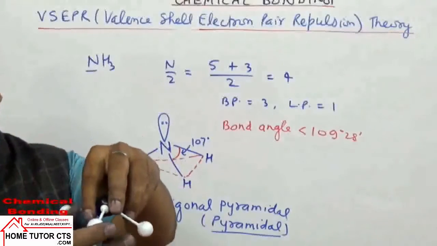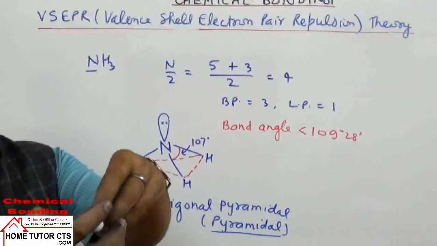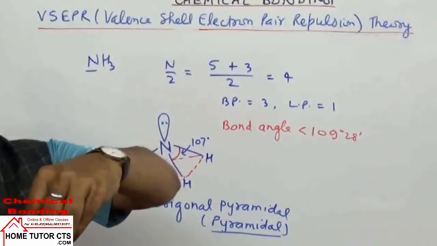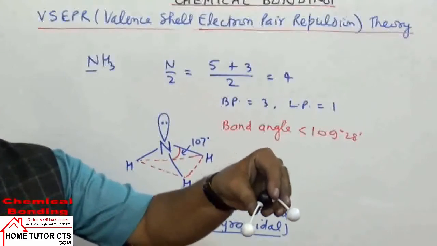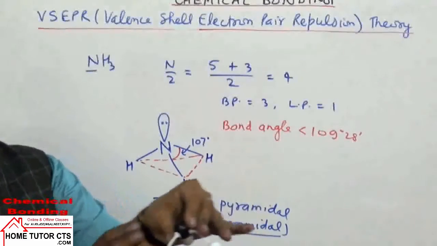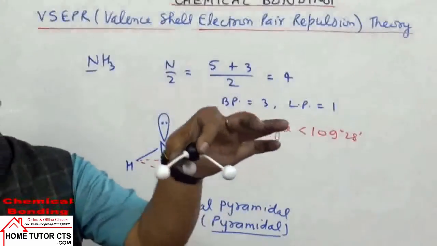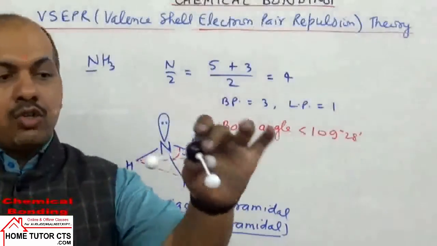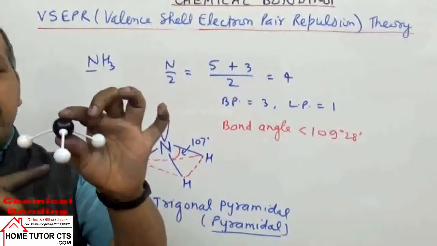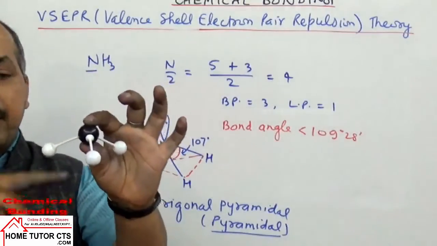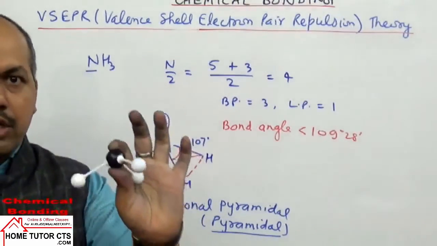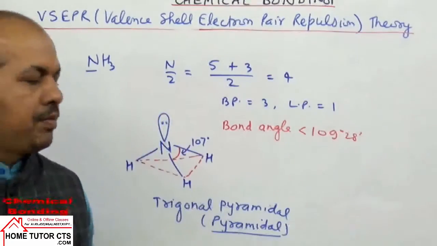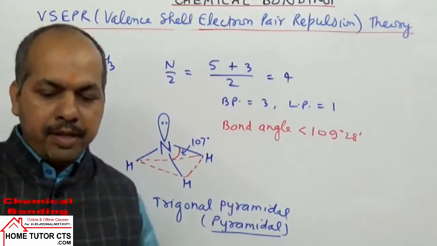The bonds will come slightly closer, and when the bonds come closer by more repulsion, the bond angle becomes less. So this ammonia molecule shape is pyramidal. Joining the base becomes a pyramid, the base becomes trigonal. In the pyramid shape, all the atoms are not in the same plane. So it is the shape called trigonal pyramidal.